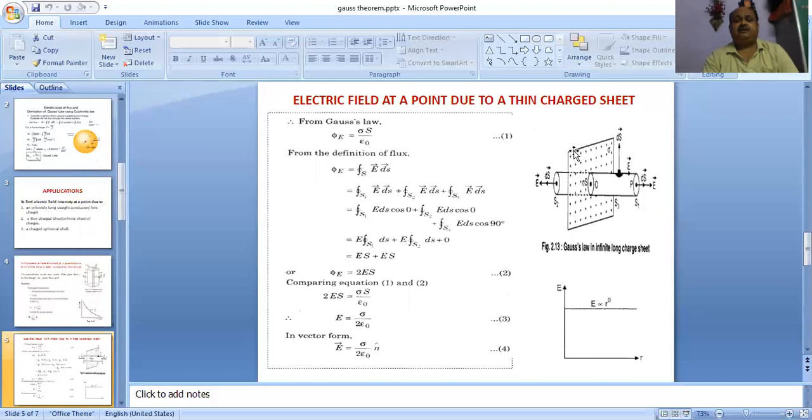Here I have taken a thin charge sheet of charge density sigma, and sigma equals Q by S. So Q equals sigma S. So from Gauss law, electric flux equals sigma S by epsilon naught, that is Q by epsilon naught. Due to this charge sheet, we have to find electric field intensity at this point P.